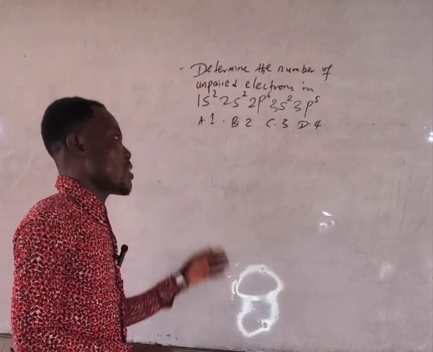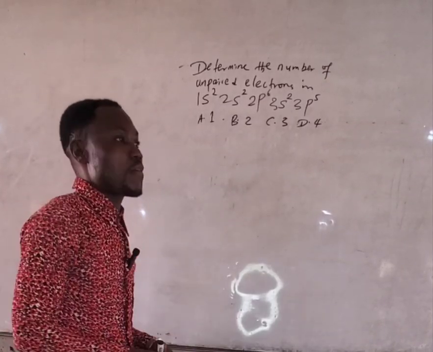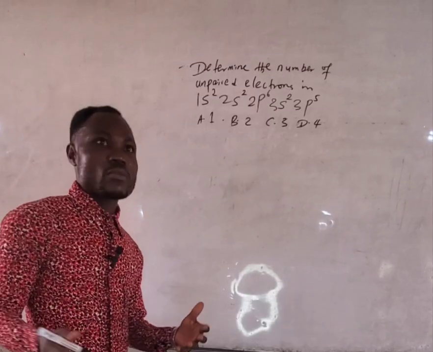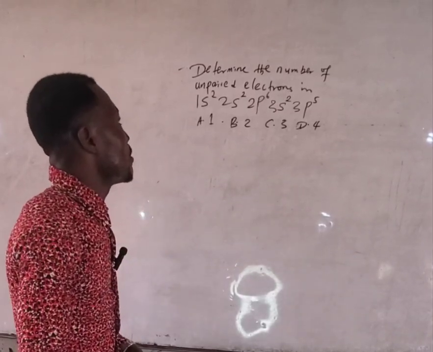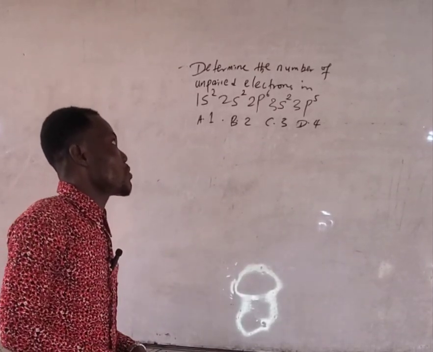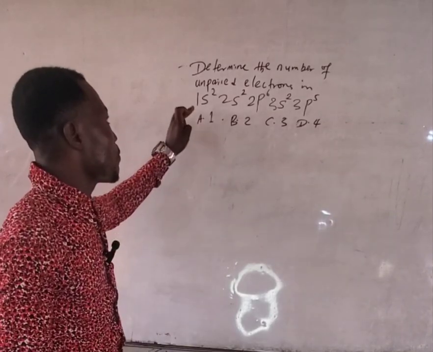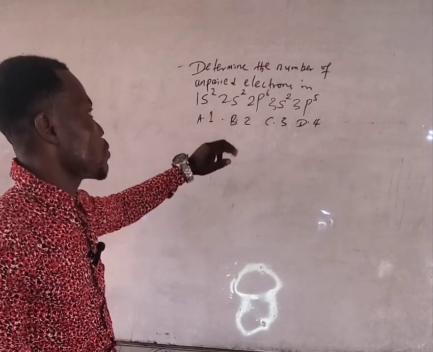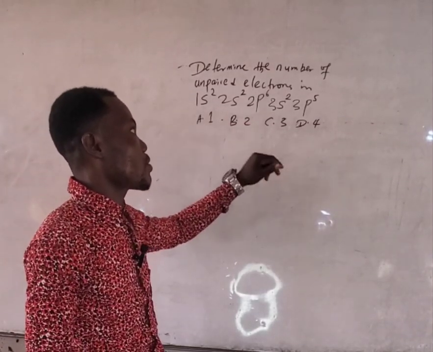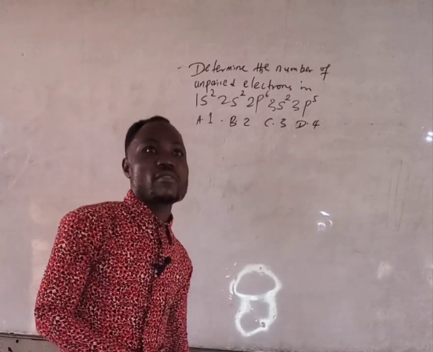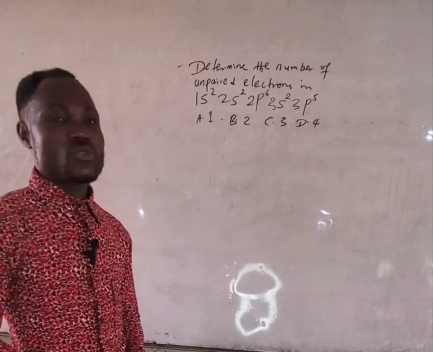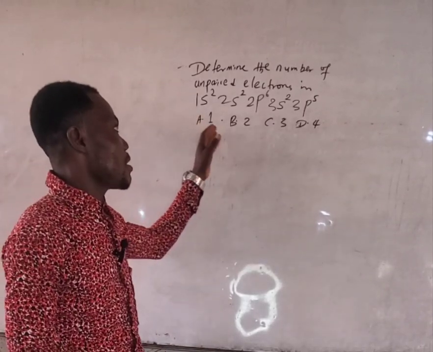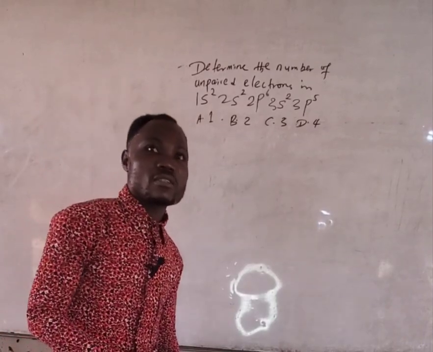Now, let's look at this simple chemistry problem from the past questions. Determine the number of unpaired electrons in 1s2, 2s2, 2p6, 3s2, and 3p5. So this is the electronic configuration of a certain atom.